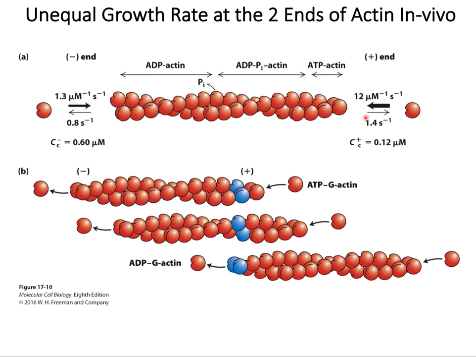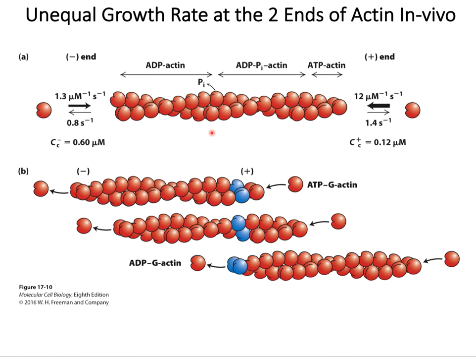Similarly, if you just look at this bottom skinny arrow, which shows the dissociation or depolymerization of the G-actin, at the plus end the rate of dissociation is 1.4 per second and 0.8 per second at the minus end. The values are much closer. So you can conclude that the rate of dissociation does not depend upon the concentration of the G-actin.